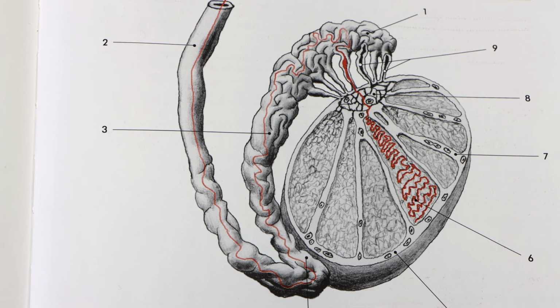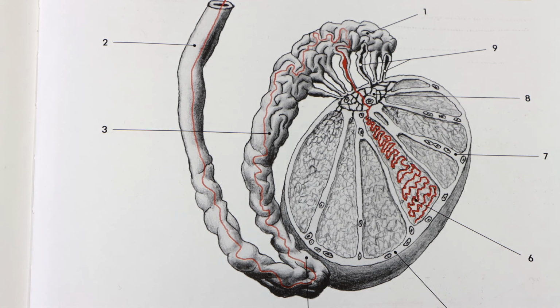The process of maturation of the sperm is called spermiohistogenesis. In this process there is a cell that has a very important role, called the Sertoli cell, which is very important for the maturation of the sperm.